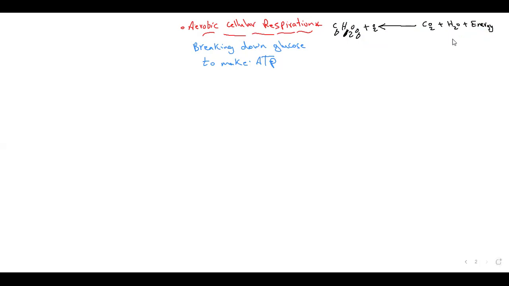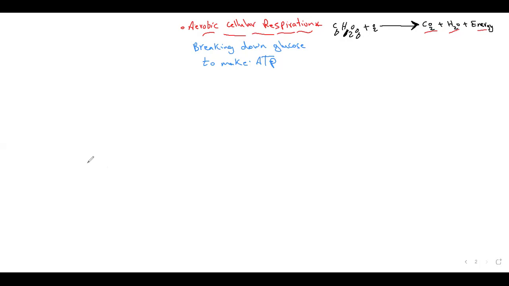This was the process using carbon dioxide and water in the presence of energy to make glucose and oxygen. We will make exactly the opposite today. Look at this. I will just reverse the arrow. Now, this is our process today.